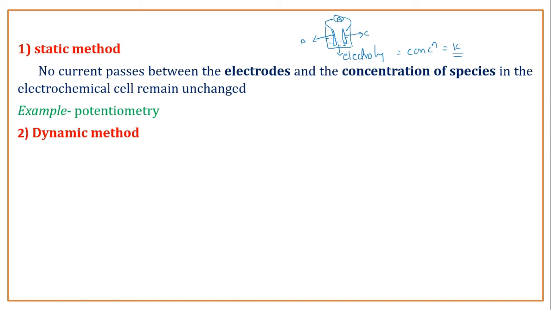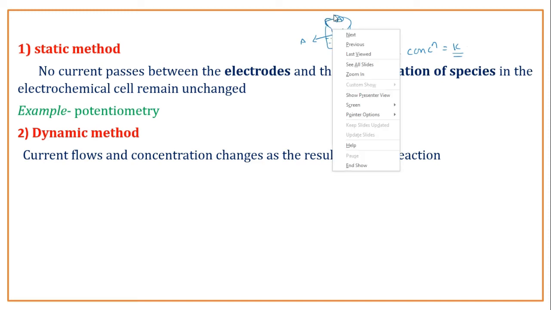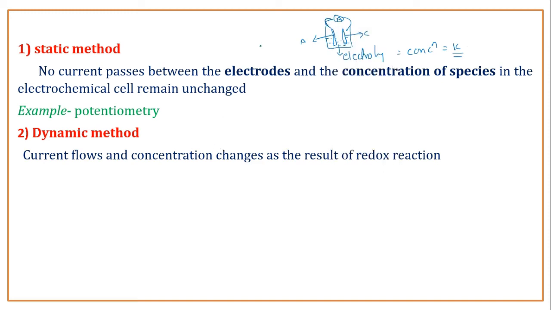Next, the second method is the dynamic method. In this dynamic method, when you apply current, the current flows between the electrodes. When current flows between the electrodes, some electrochemical reaction will take place. Whatever electrolytes are present in the electrochemical cell will undergo electrochemical reactions.